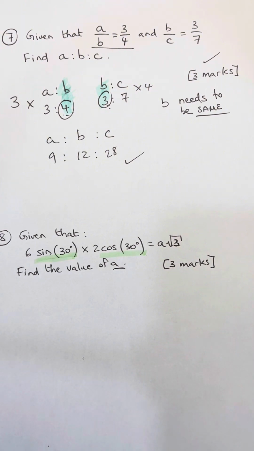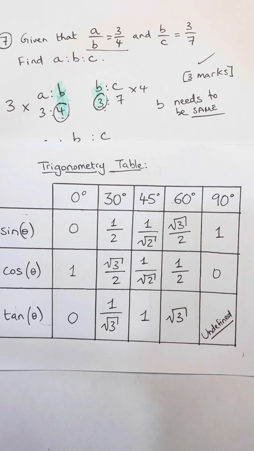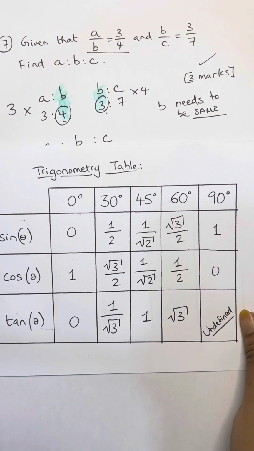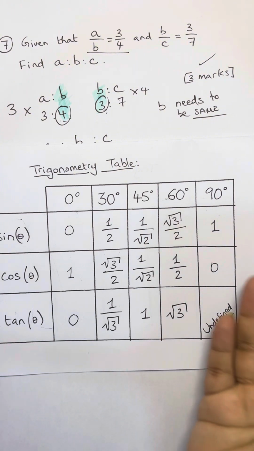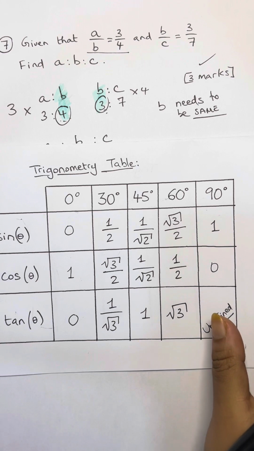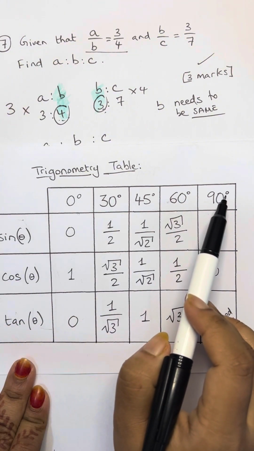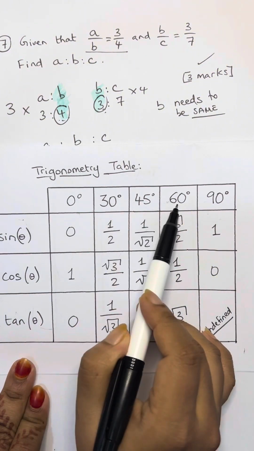Now, how do you know this exact value? It comes from this trigonometric table, and unfortunately you need to memorize this because it's a non-calculator paper. Some exam boards will provide you this table, and some won't. So if you want to achieve that A star, it's better that you memorize it.